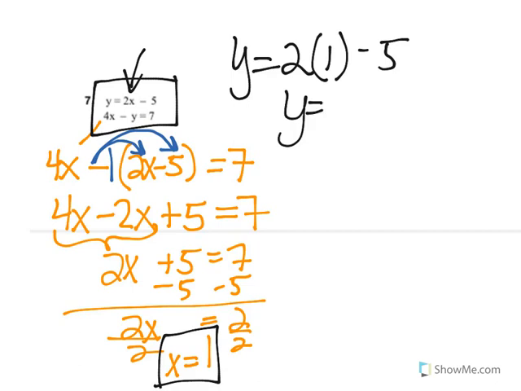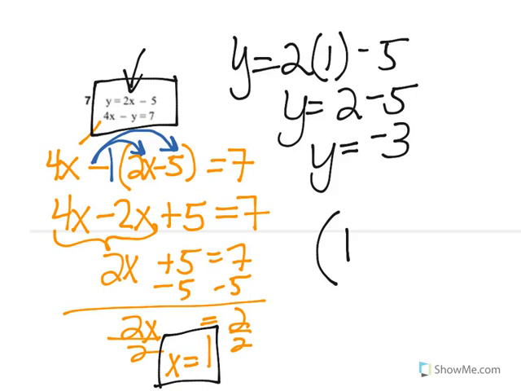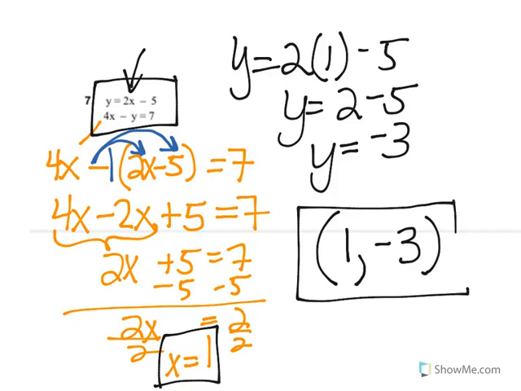So we get y equals 2 minus 5. And what is 2 minus 5? Y equals negative 3. And so our solution we want to write as a coordinate pair 1, comma, negative 3. X is 1, y is negative 3. And if you were to put those into both these equations, they would both come out true.